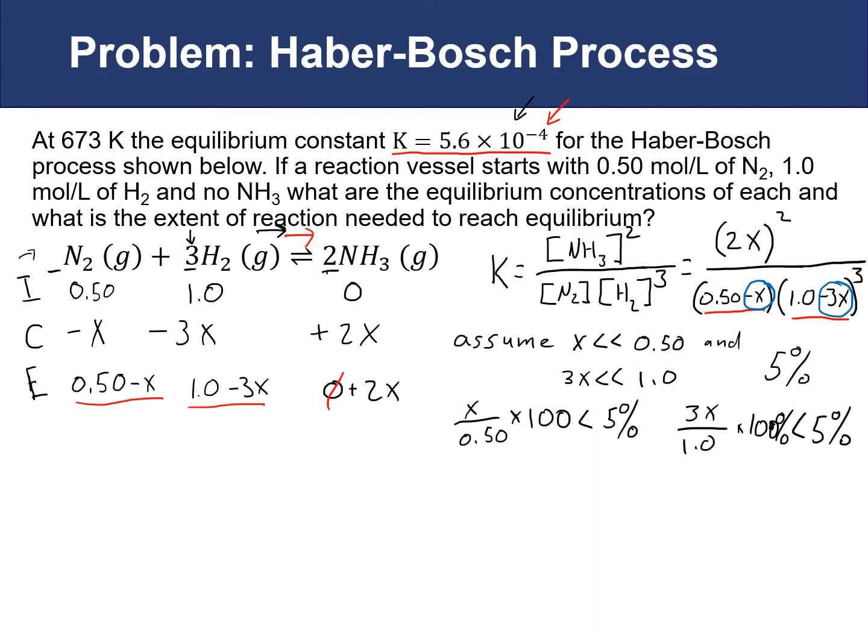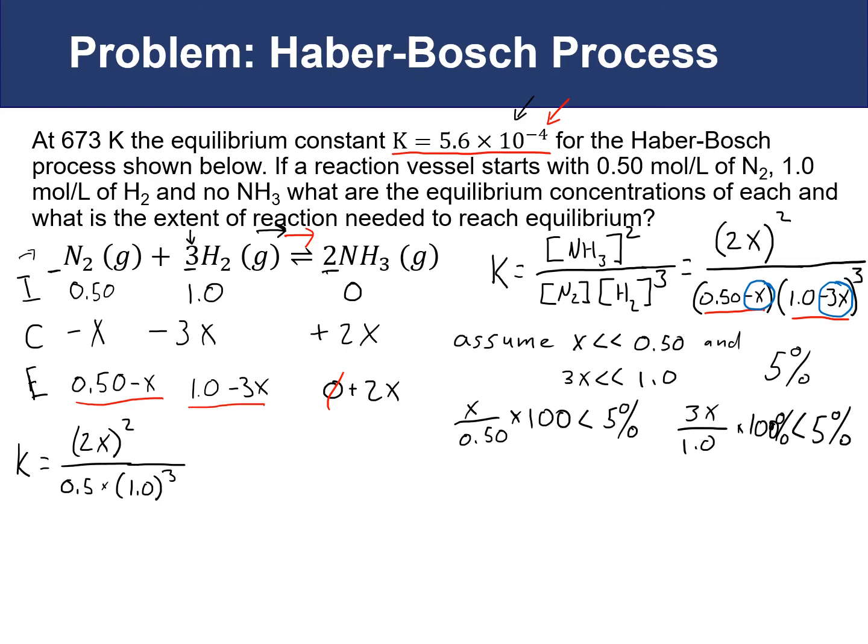So if we assume that x is insignificant compared to 0.5 and 3x is insignificant compared to 1, then our equation becomes much simpler. We can leave those out and our k value becomes (2x) quantity squared over 0.5 times 1.0 raised to the third power.